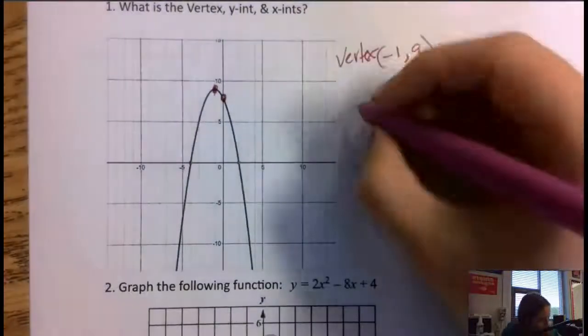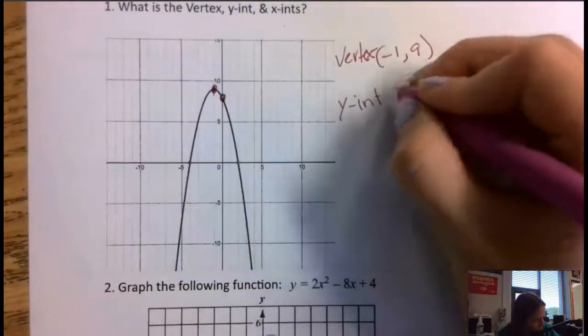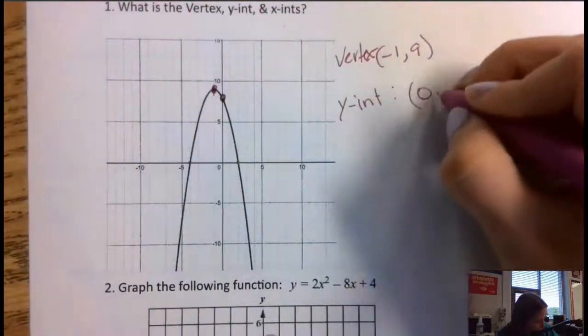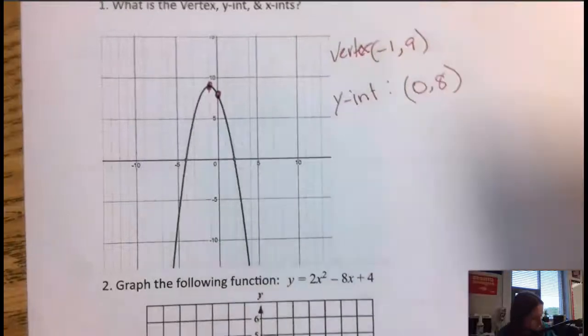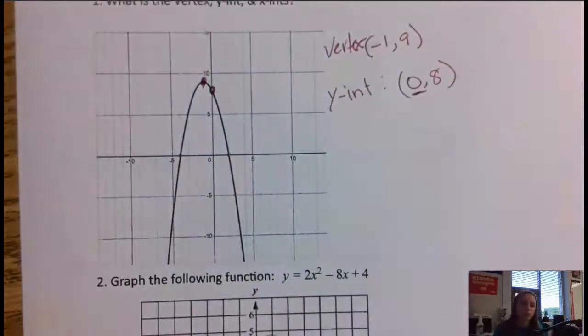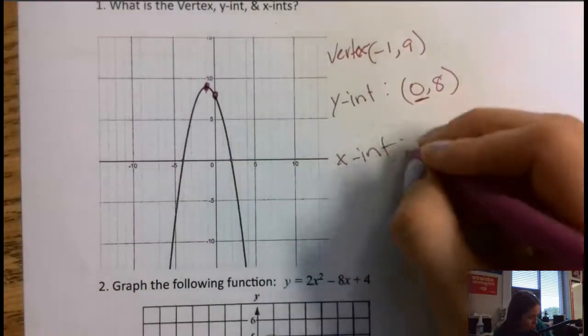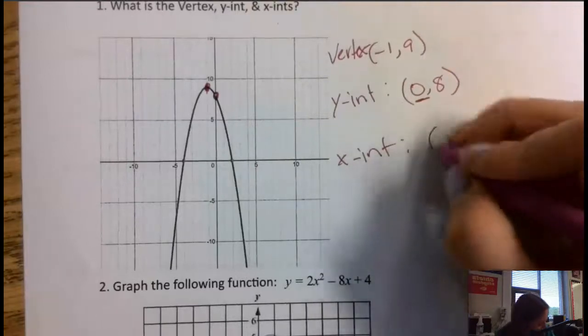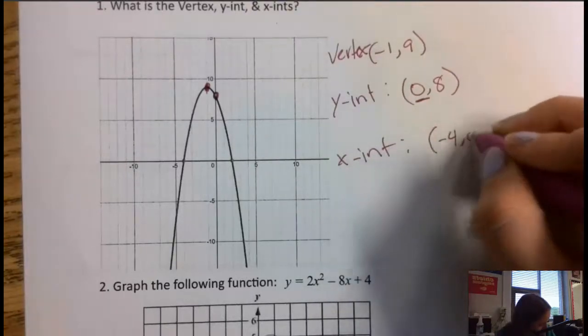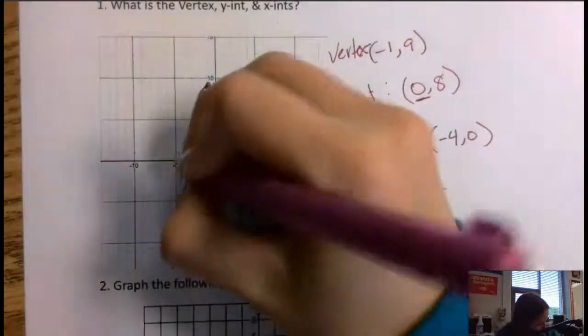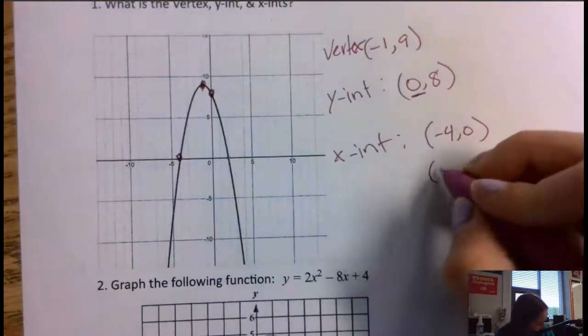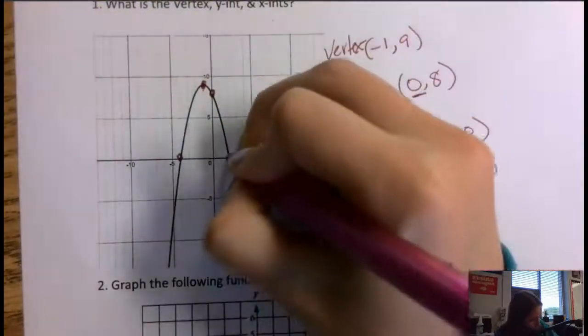Right there. So we would have 0, 8. Your y-intercept is always going to have an x value of 0. Okay. Now our x-intercepts. That will be -4, 0, and then, so right here, and then 2, 0.